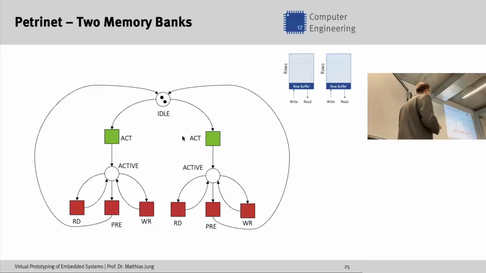Okay, so let's look at this example. We activate a row in this bank. Yeah? So that is active, and then we activate another row in this bank. Oh, that won't work physically. You can always activate only one row, so you cannot activate 2 rows.